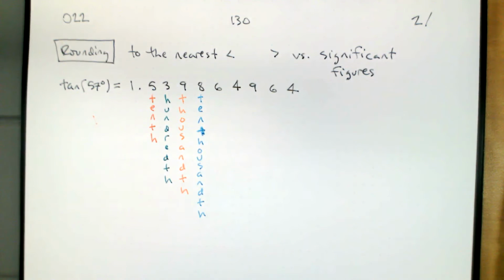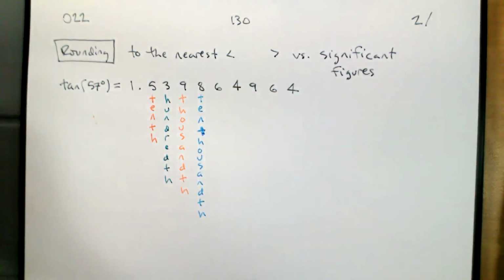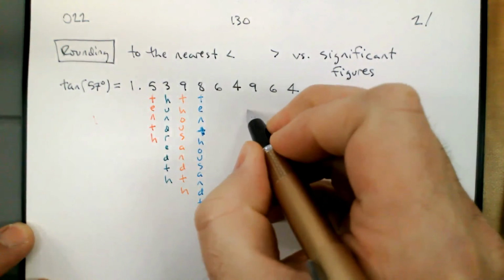You look at where you're going to stop, and all you look at is the next digit. Whatever place you're rounding to, that's where you stop writing the number, and the next place tells you whether to go to the next one or to stay where you are.